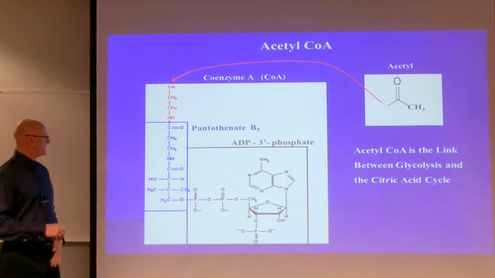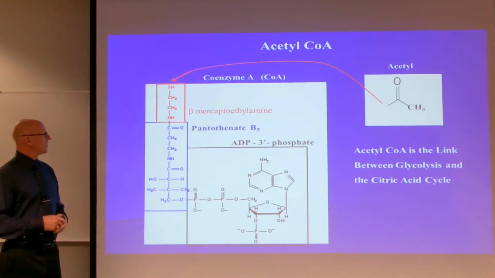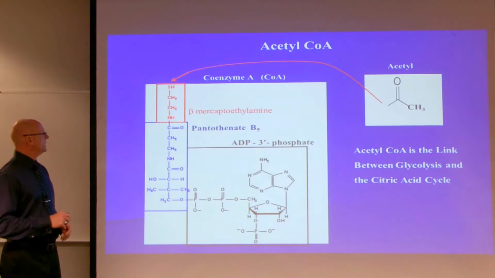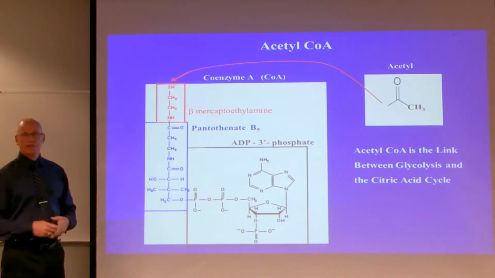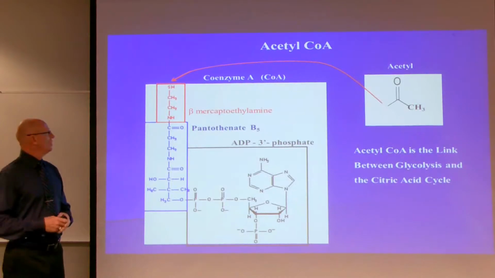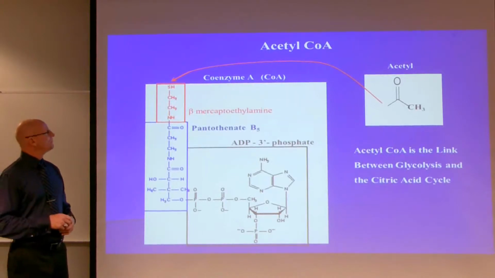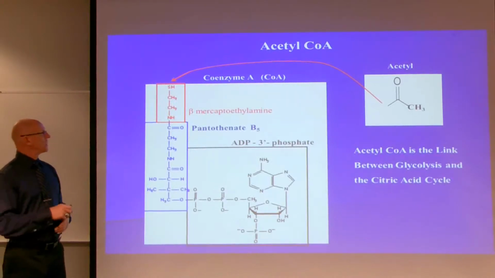And this is pantothenate right here. And it also contains beta-mercaptoethylamine. Now, this is the amine, and this is the ethyl, 2 carbons. And mercapto basically is a sulfur with the hydrogen. It's a sulfur atom. So that's mercaptoethylamine.